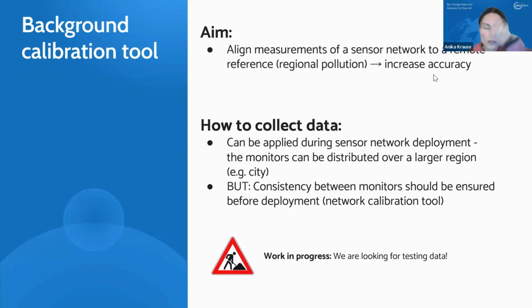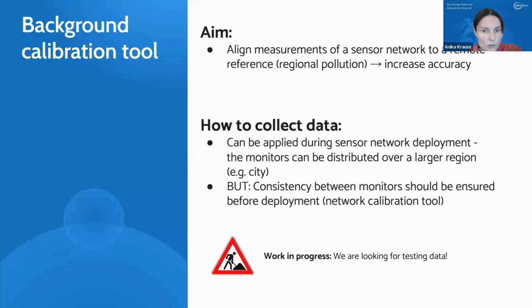What kind of data do you need here? Well, the beauty is that you don't need to have an extra step. You can have your sensors deployed where you usually want to have them, just your sensor network, put them into the locations where you want them. And there you can apply this background calibration tool.